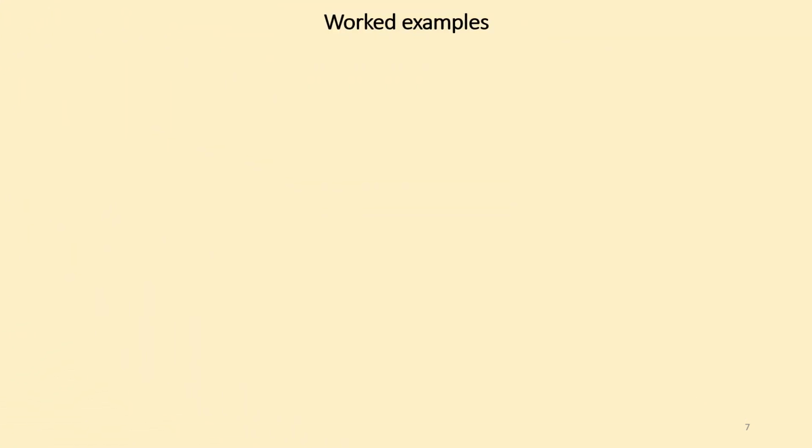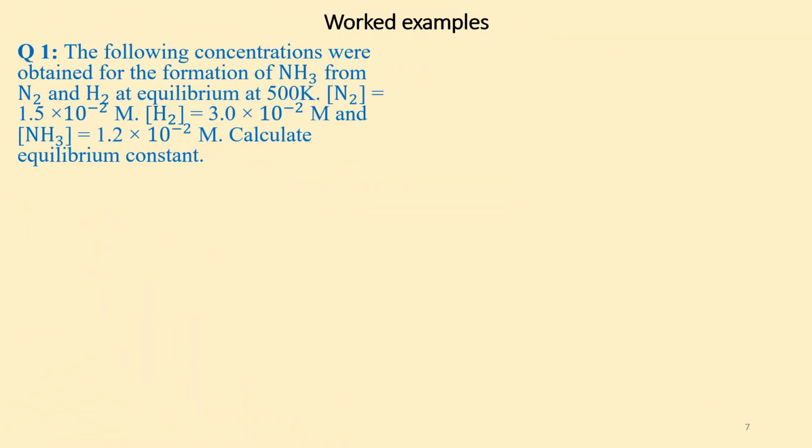Now we will take up some solved examples. Question number 1. The following concentrations were obtained for the formation of NH3 from N2 and H2 at equilibrium at 500 Kelvin.